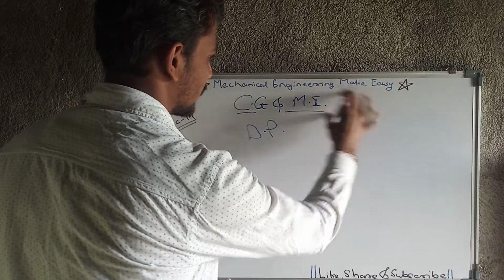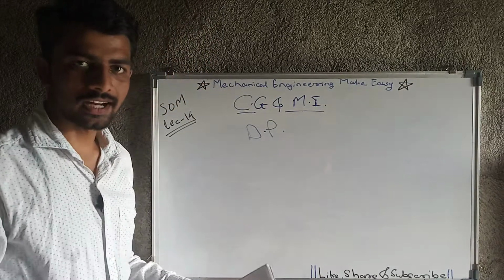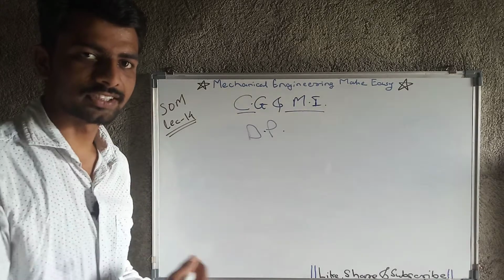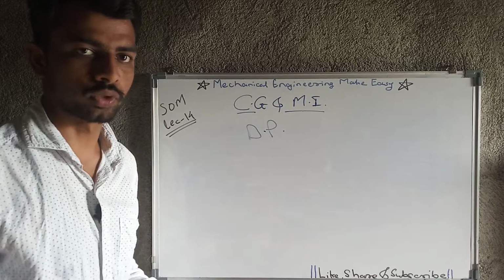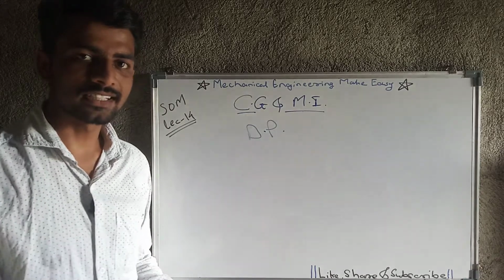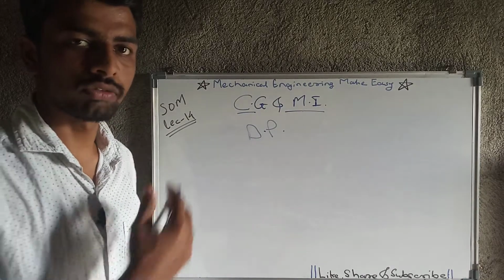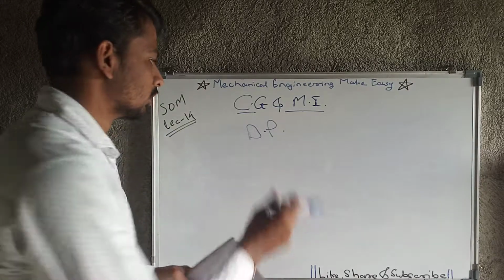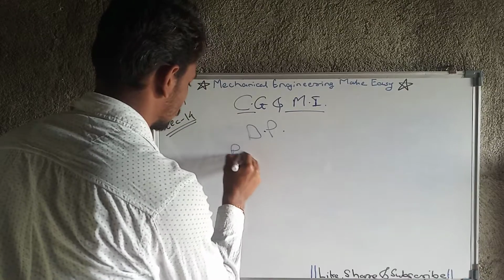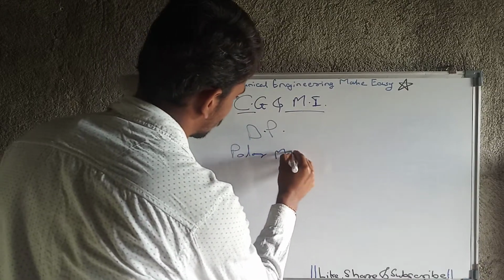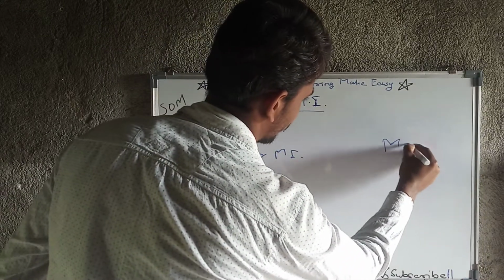Up till now we have studied only some basic formulas, but there are standard formulas for standard shapes, like circular shaft, hollow circular shaft, solid circular shaft. For different cases there are different standard formulas to calculate moment of inertia. The same we take here for polar moment of inertia and normal moment of inertia.